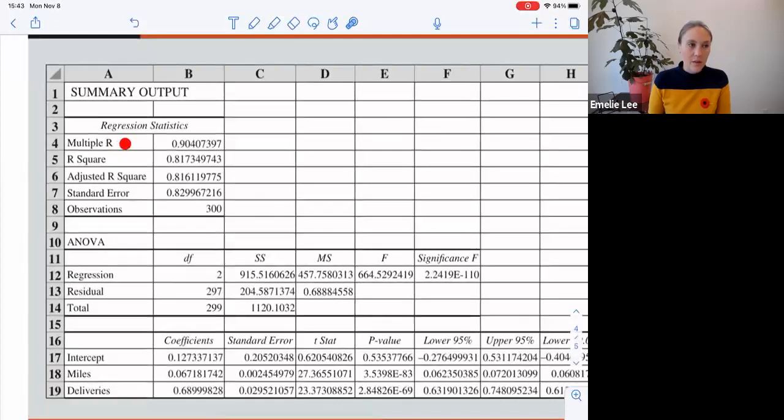includes things like the multiple R, which is just saying that you have a multiple regression. And so that's the correlation, the R squared, which is that value that we're looking at, right? We want a high R squared, and an R squared of 81.7% is nice and high, so that's good.